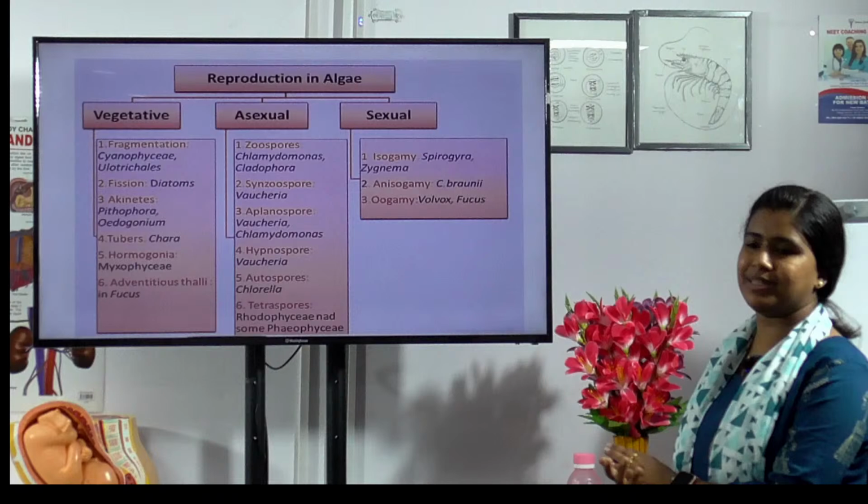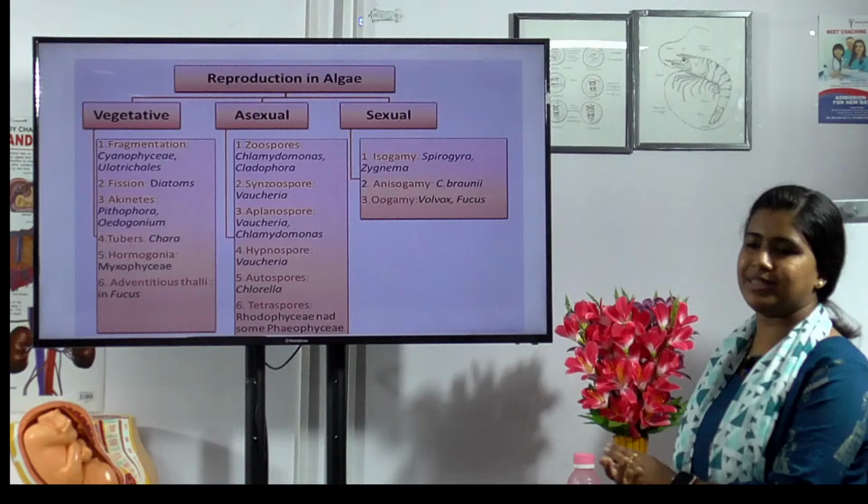And then oogamy, where the female is non-motile and the male is motile, which attracts the bigger female. That is called oogamy.